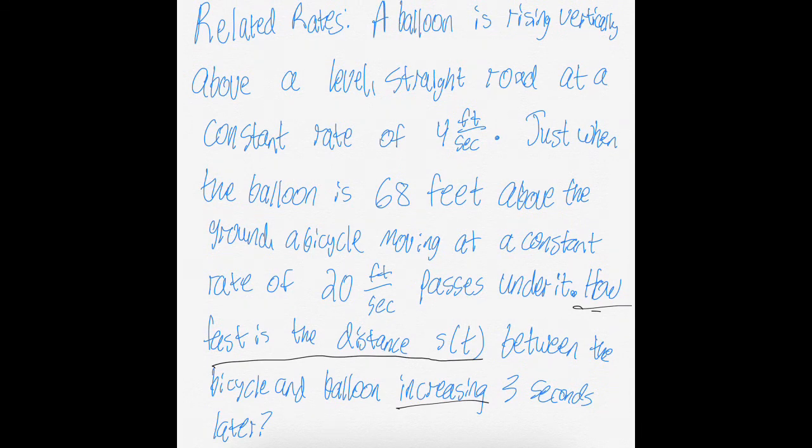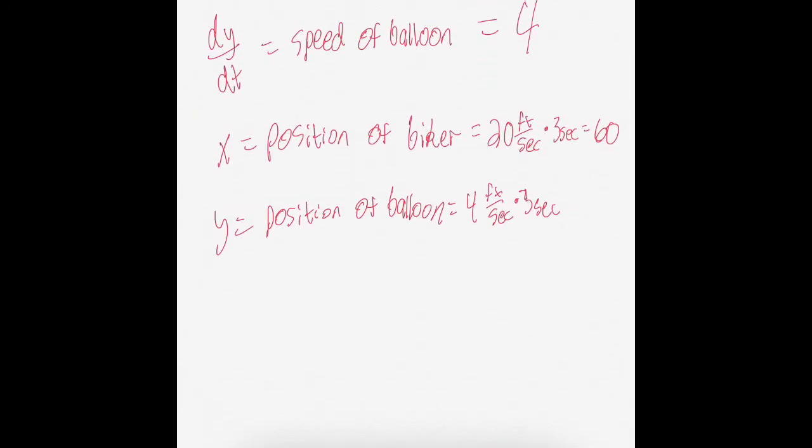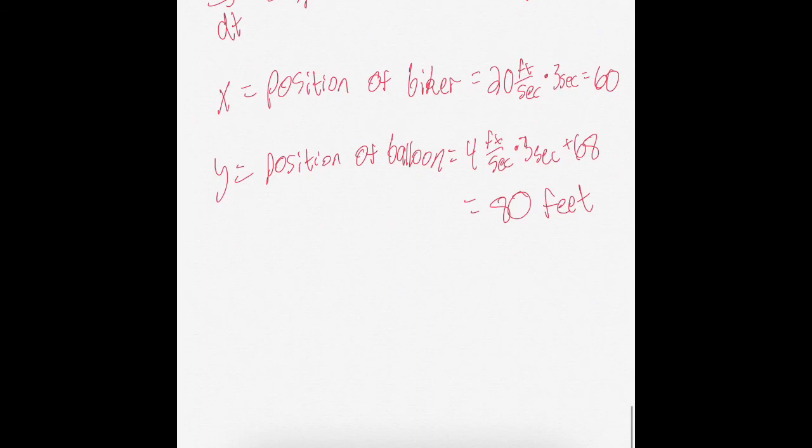But, and this is actually where I made the mistake last time, and I realized it too late, the important observation is that at time t equals 0, the balloon is already 68 feet above the ground. So we need to add in those 68 feet. It started 68 feet up, and then it went these extra 12 feet. So that gives us 80 feet.